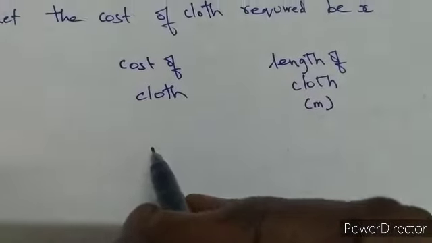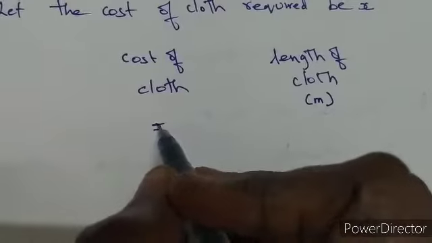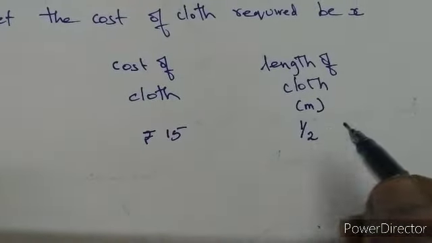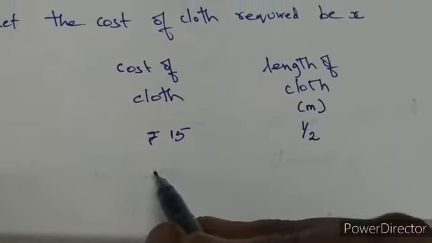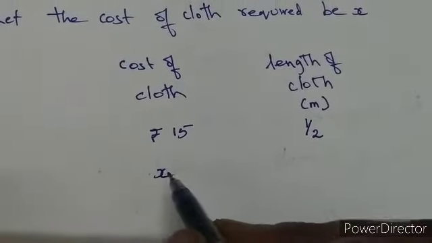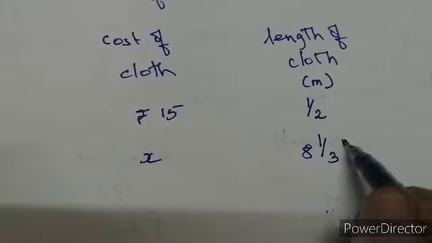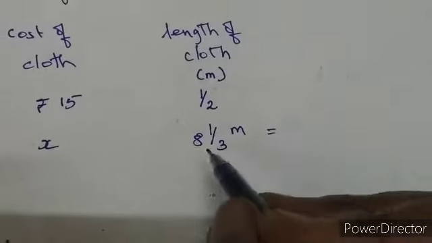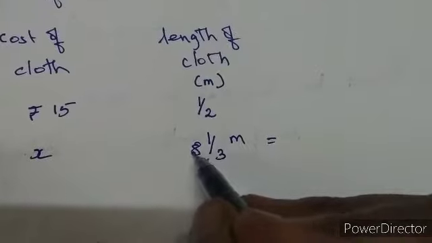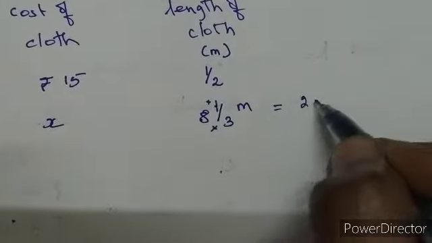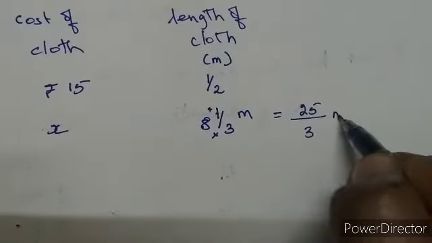For rupees 15, the length of the cloth is half a meter. Then what will be the cost for 8 1/3 meters? So 8 1 by 3 is equal to 8 threes are 24, 24 plus 1 is 25, 25 by 3 meters.